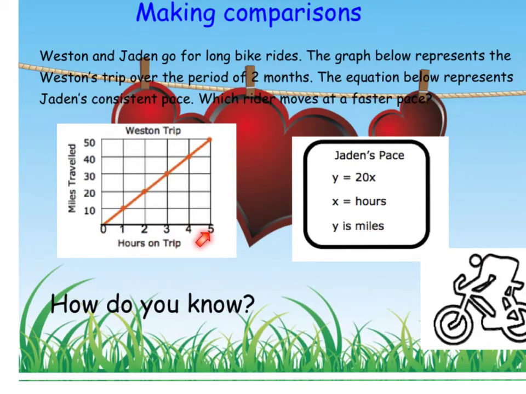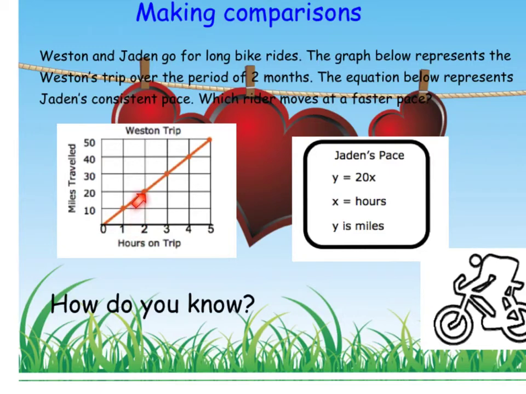If not, please pause and fix it right now. All right, so this graph represents Weston's trip, and the equation represents Jaden's trip. And the question is, which rider moves at a faster pace? So we first have to figure out how fast they're actually traveling by looking at their rate of change. On Weston's graph, it's really easy to see. At 1, he had gone 10.